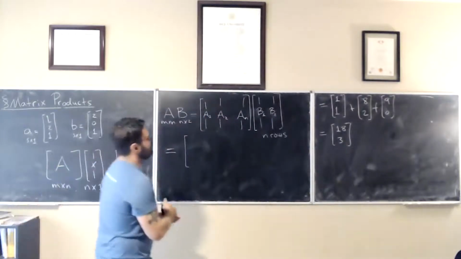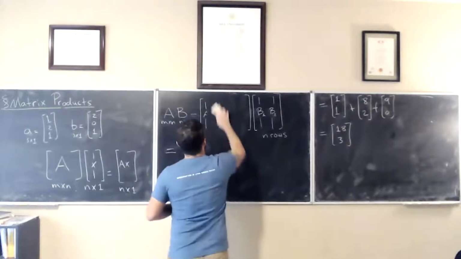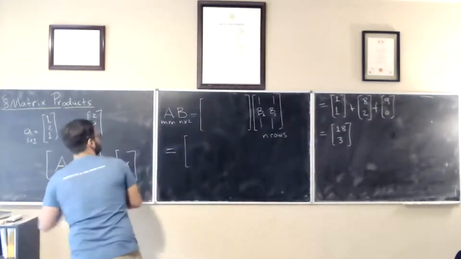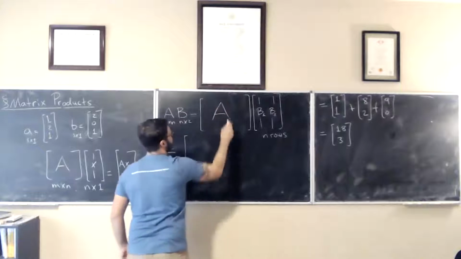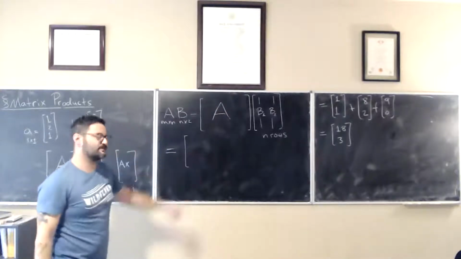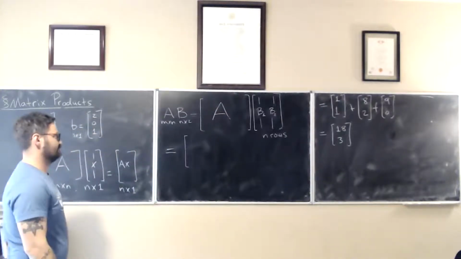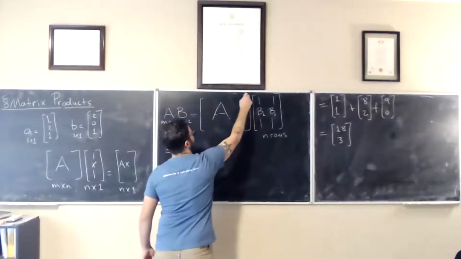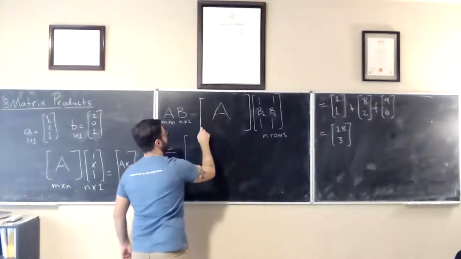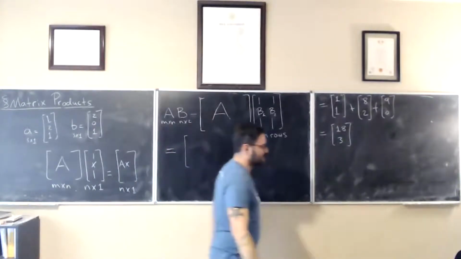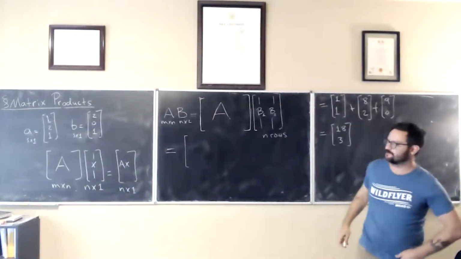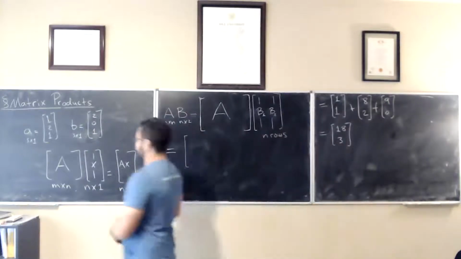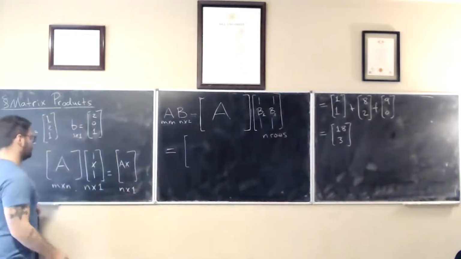So if this is all A, maybe I can give you some more hints now. What do you think the first column is going to be here? It really is a guess at this point, but I'm trying to associate the patterns here.